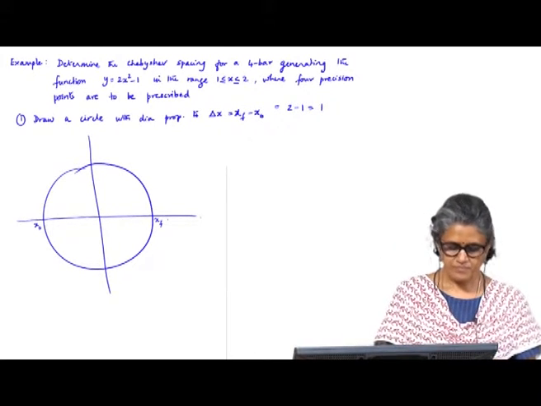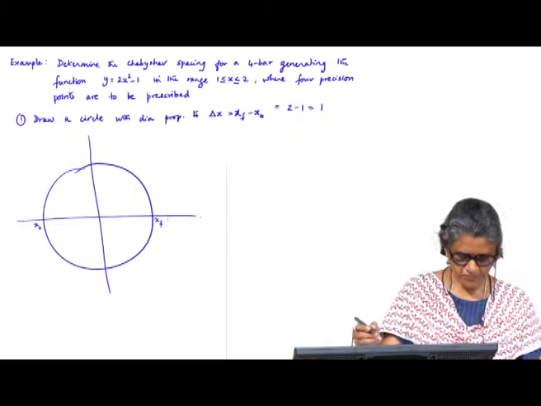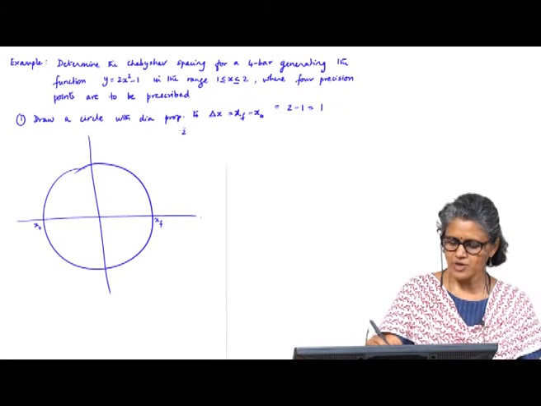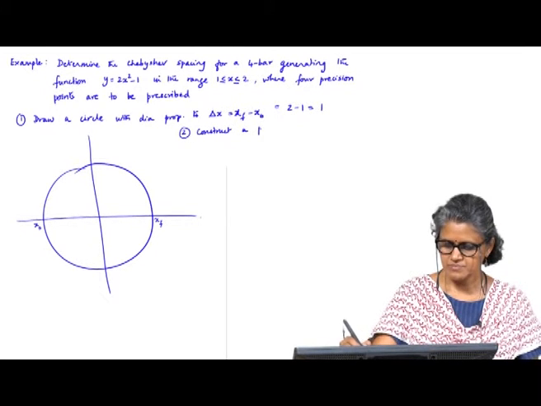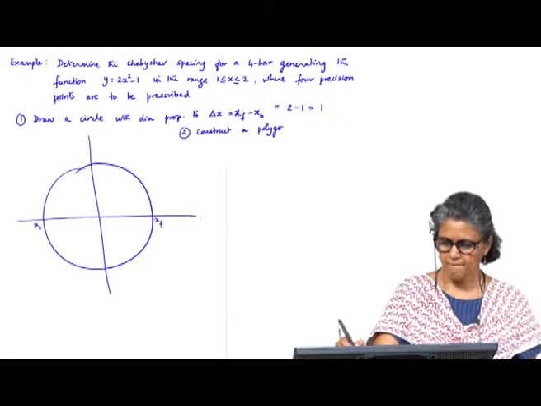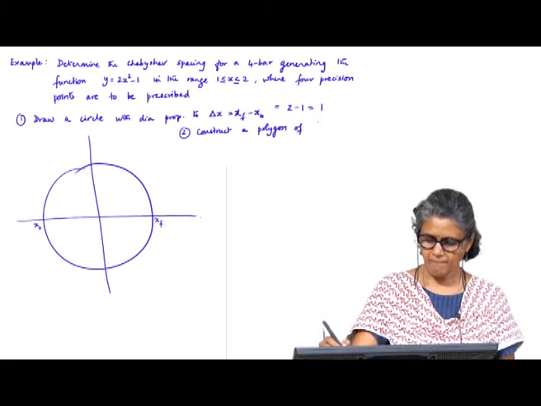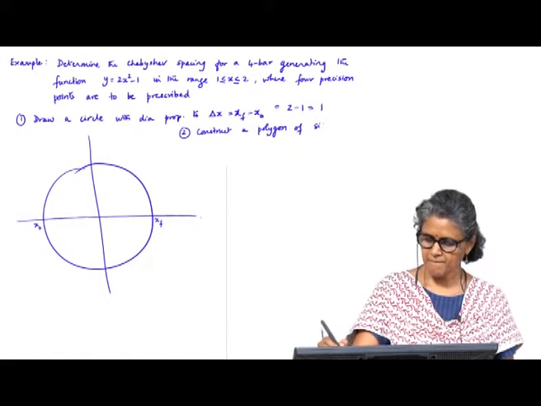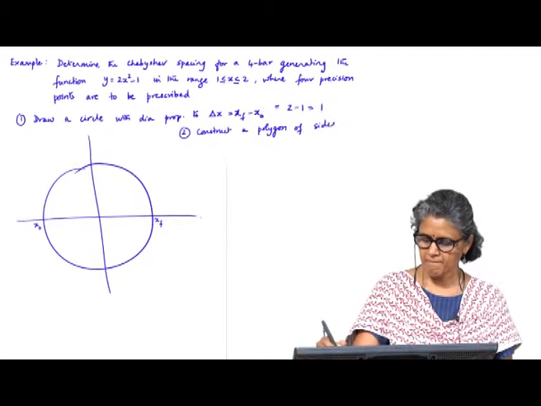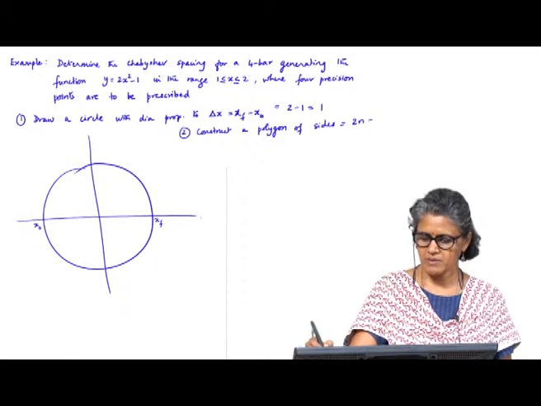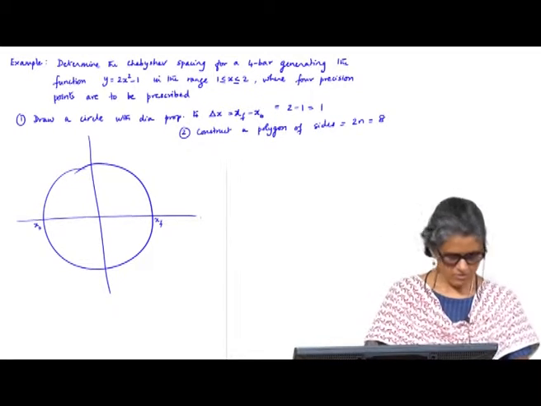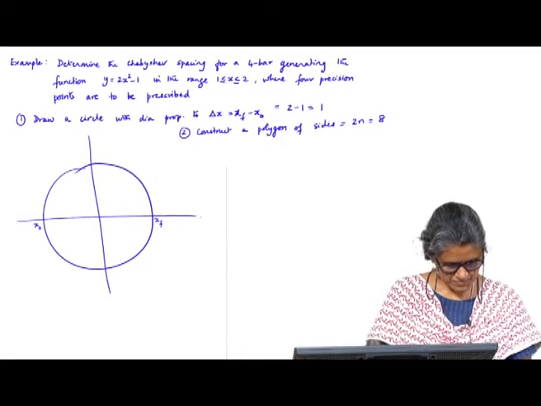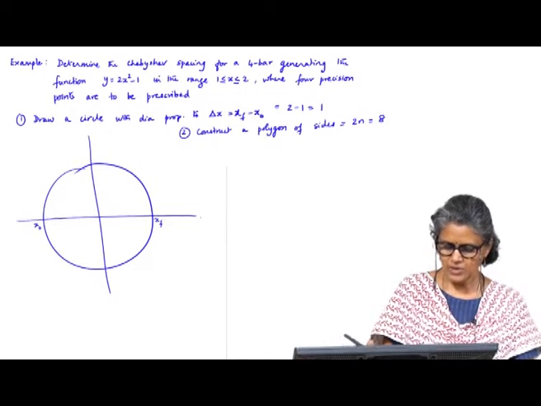Then I have to construct a polygon of sides 2n equal to 8, and you have to construct it.